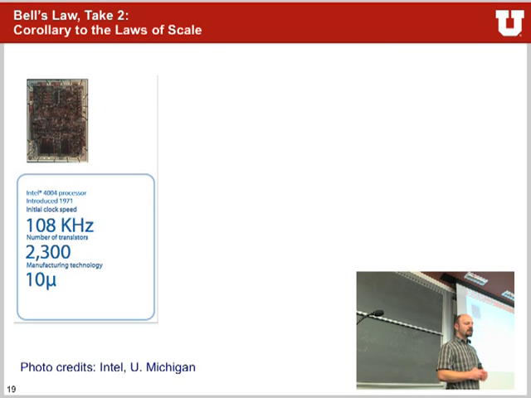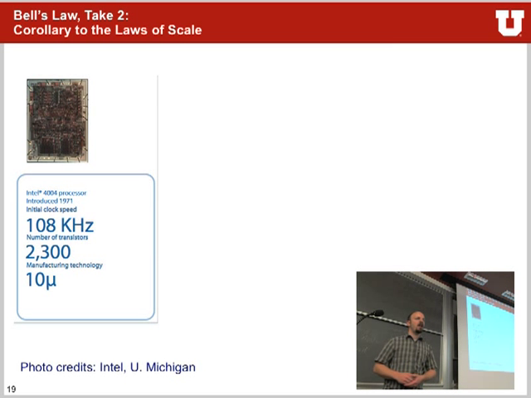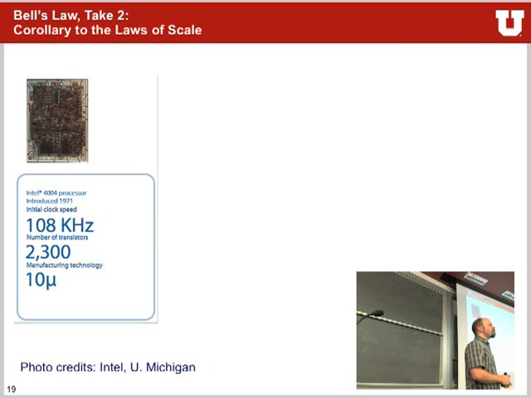So let's look at Bell's law again, a little bit from a different perspective. Back in 1971, we had the Intel 4004, 108 kilohertz, had 2,300 transistors manufactured at 10 micrometers.